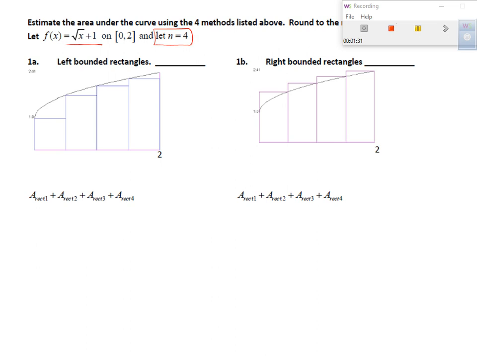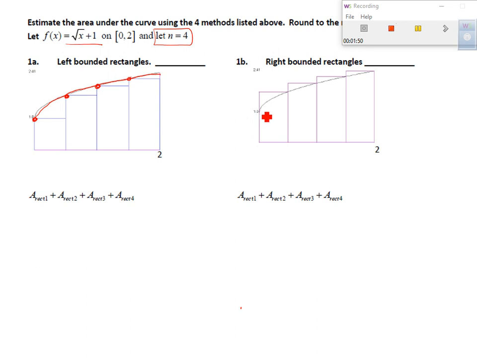Now I want to point something out. Look at my four rectangles that we have drawn here. Notice that the curve, square root of x plus 1, touches it on the left point of each of these rectangles. There's where the term left-bounded comes from. If you would, peek over to 1b real fast.